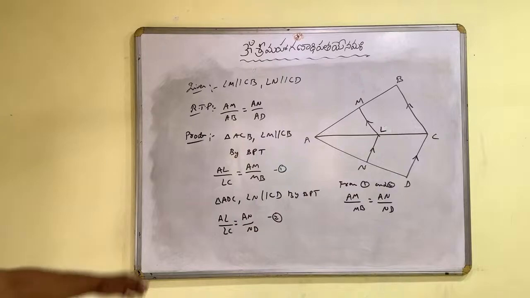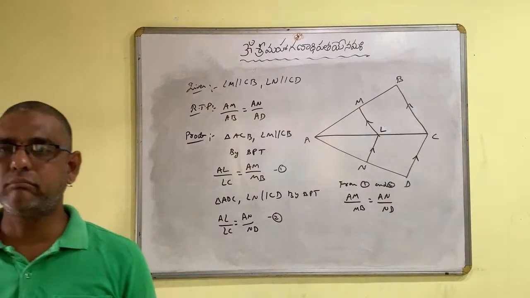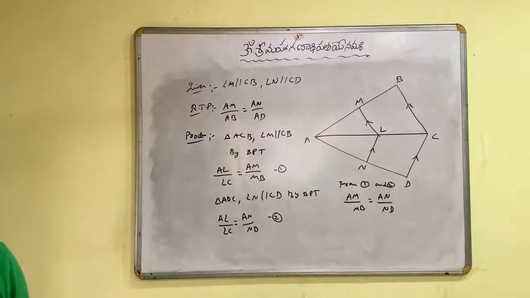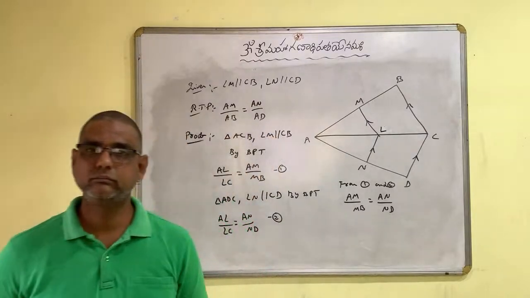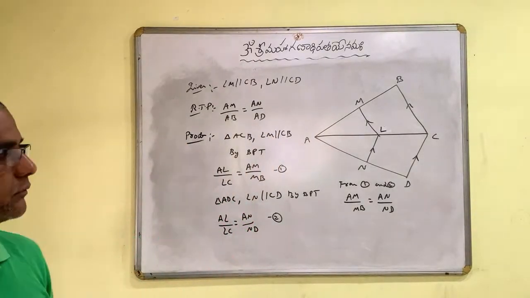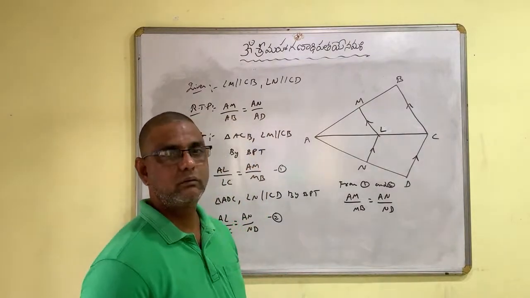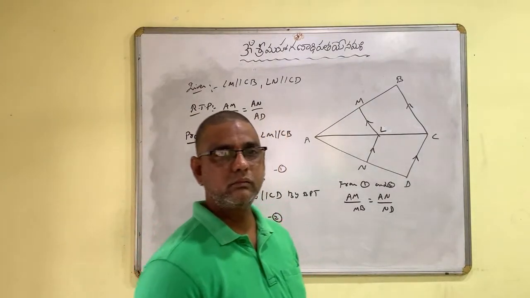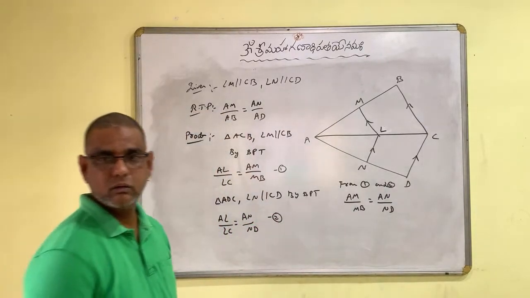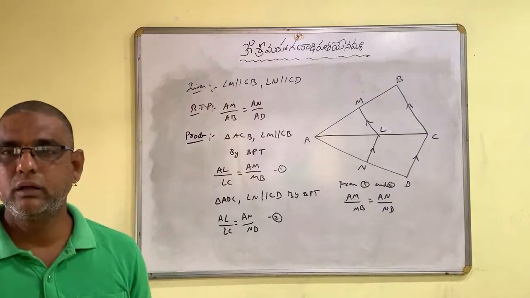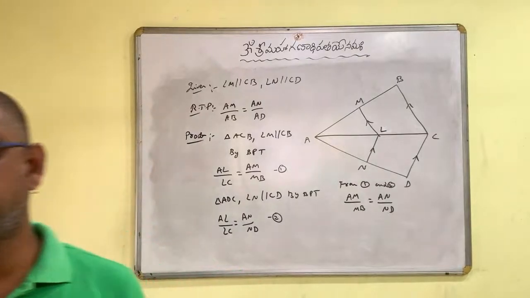But what we have to get? AM by AB we need to get. So what to do for that? AM by MB equals AN by ND we got.